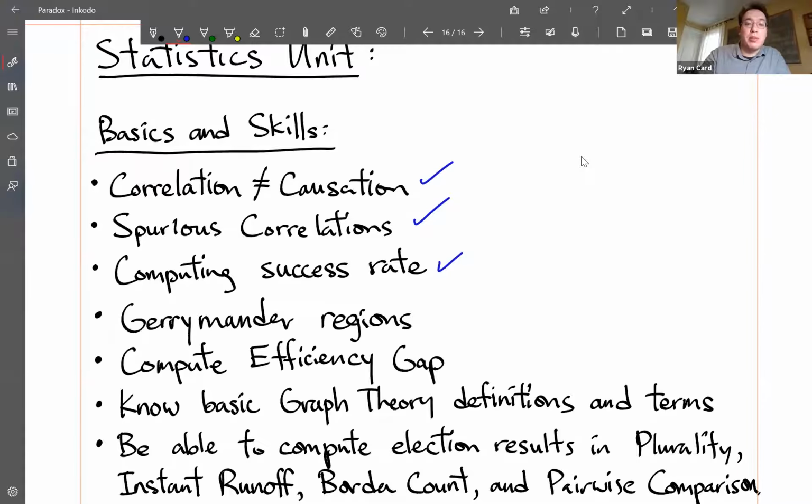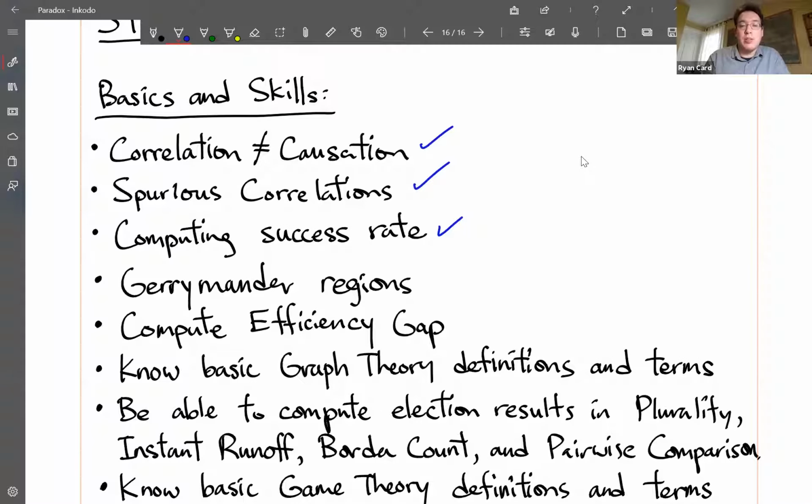We also talked about gerrymandering. If I give you a toy map, you should be able to divide it into different regions where one political party has an advantage, and they'll get more majority regions compared to the other color. I want you to know how to gerrymander, and maybe the terms associated with it.